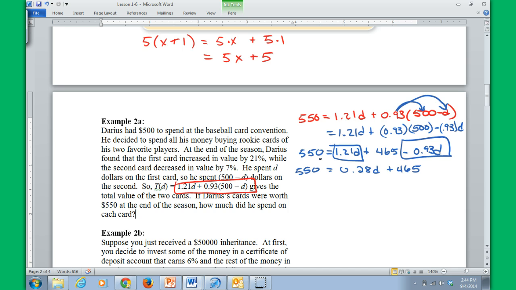What would I do next? Yep, subtract 465 from both sides. Okay, and if you do that, you end up with 85 equals 0.28 D.